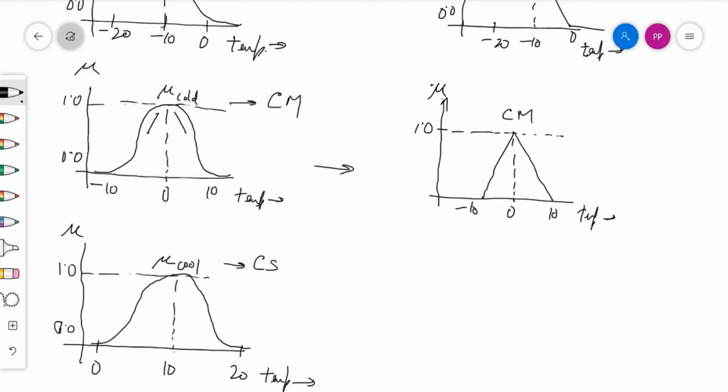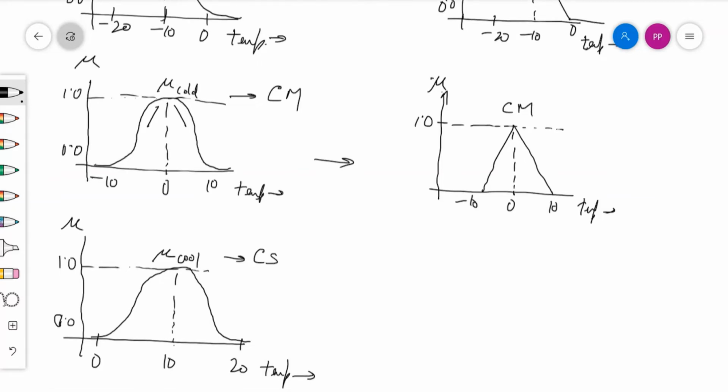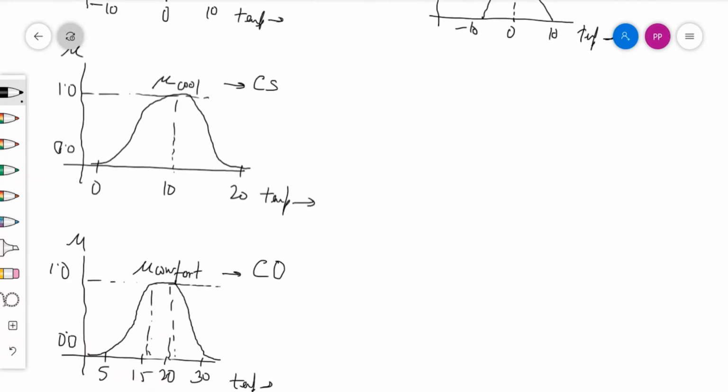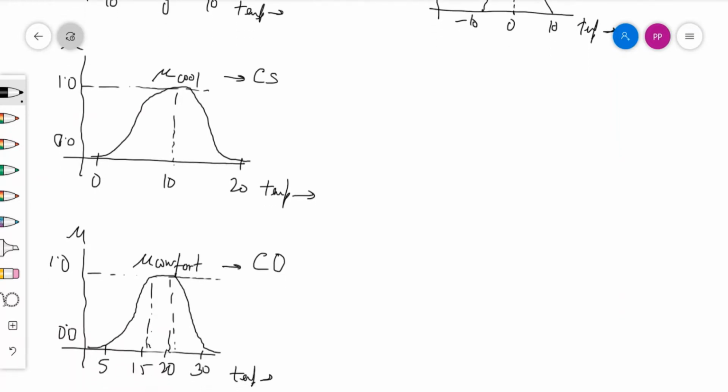So let us go a little ahead. For the temperature range of 0 to 20 degrees Celsius, again we will have a triangular plot for this. So we have the normalized value of membership, that is the maximum value of membership function up to normalization is 1.0 starting from 0.0. So we will again have a triangular plot for this.